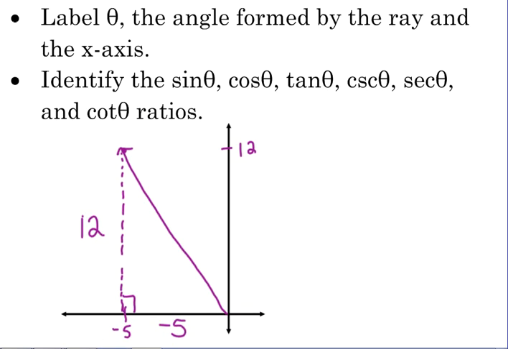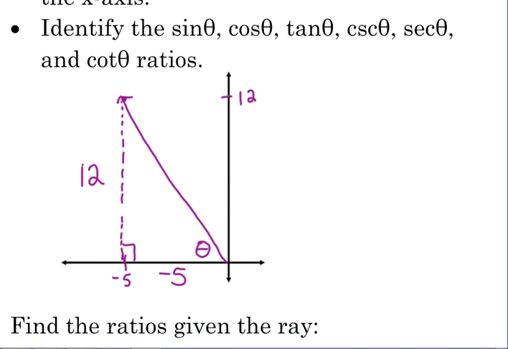We need to label theta, the angle formed by the ray and the x-axis. Theta is down here. We are going to identify all 6 of the ratios, and to do that we need all 3 side lengths. So if our legs are 5 and 12, what's the hypotenuse?